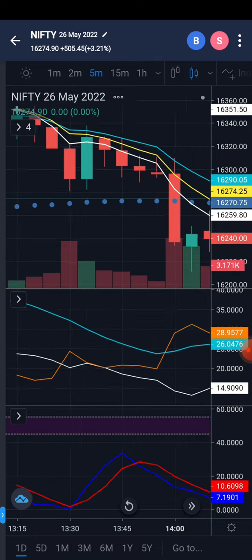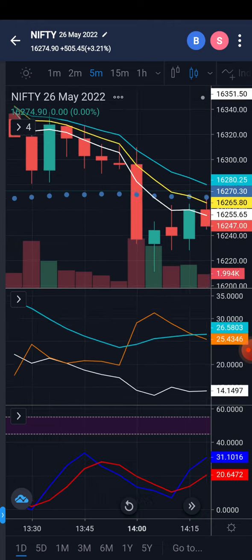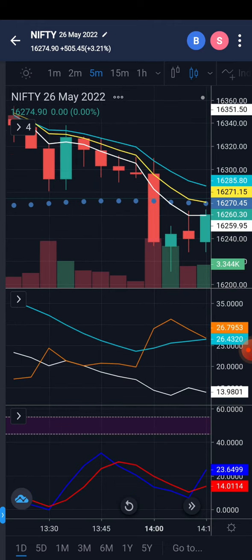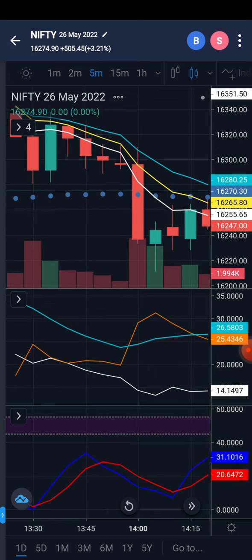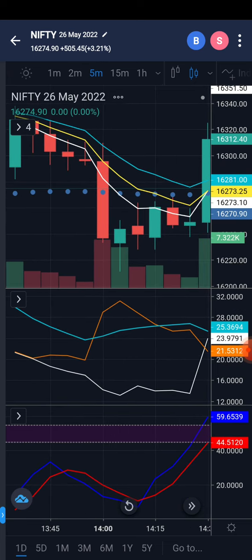So if you wait, here think that if you are buying here, because VWAP, it is coming closer to VWAP, it may go up, or the green candle somewhere here, if you are buying.